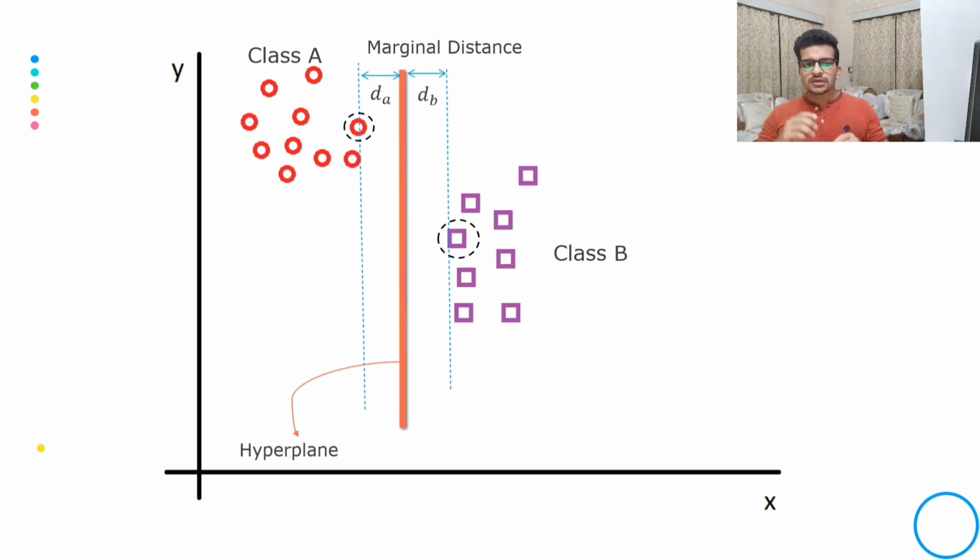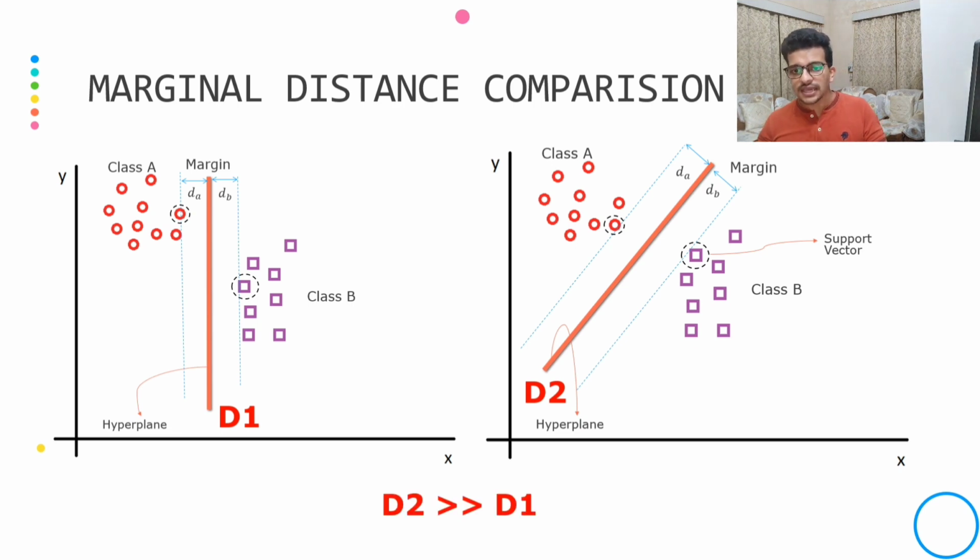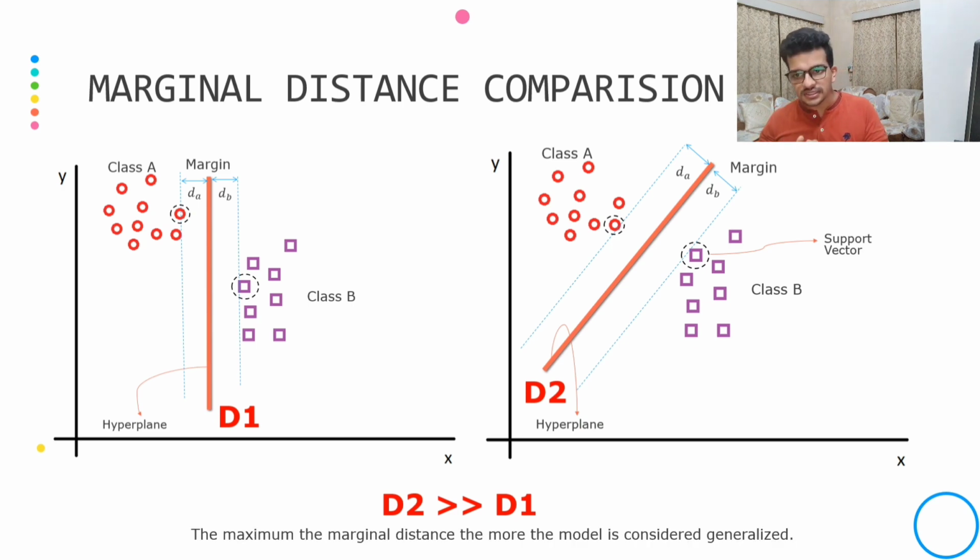Our main aim should be to maximize this marginal plane, and if we compare both the cases, we can find that the marginal distance in the first case, the sum of dA and dB, is equal to d1, and in the second case it's d2. On close observation, we will find that d2 is much greater than d1, and hence we can say that the greater the marginal distance, the more generalized the model is considered and the fewer errors it is expected to give.